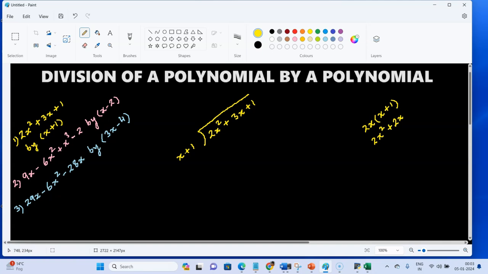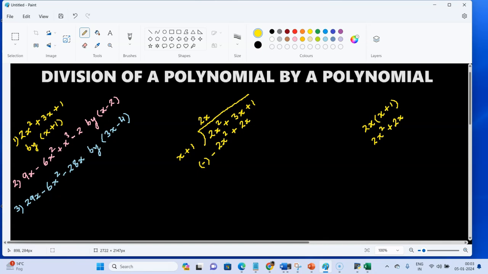Now this will become 2x squared plus 2x. Now please be informed that we have to cancel these x terms, or the terms along with x, one by one. As we know, in division we have to subtract, so we can put a minus sign over here, and the plus sign in front of this 2x square will become minus.